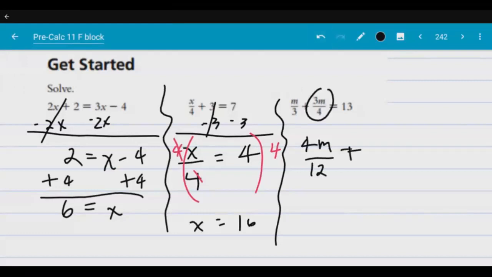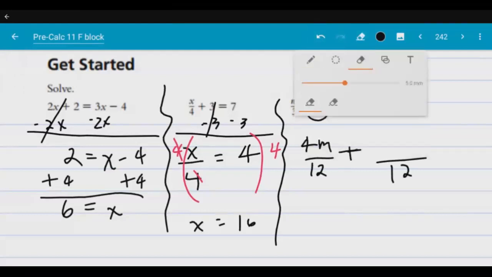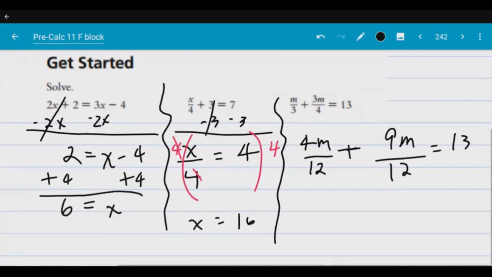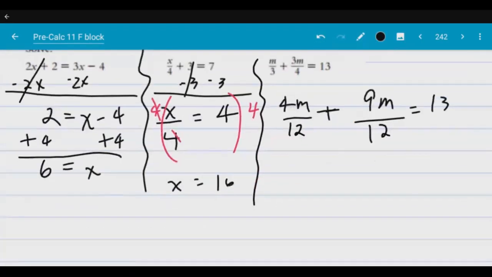To get this to become a fraction with a denominator of 12, multiply the denominator by 3. The top is multiplied by 3. This is 9m. All right. Is equal to 13. So the top can be put together now. 13m over 12 equals 13.